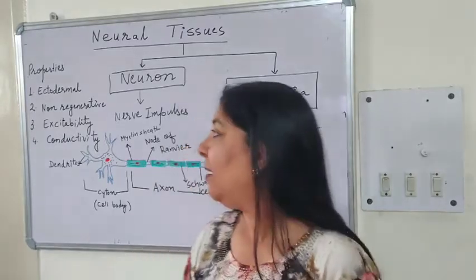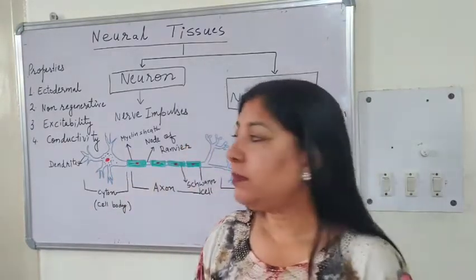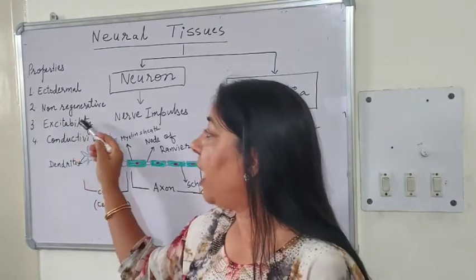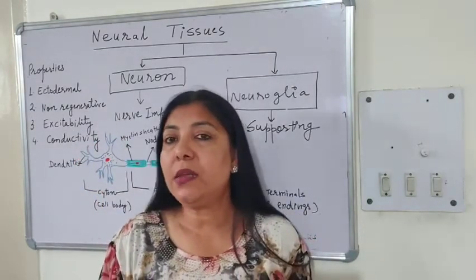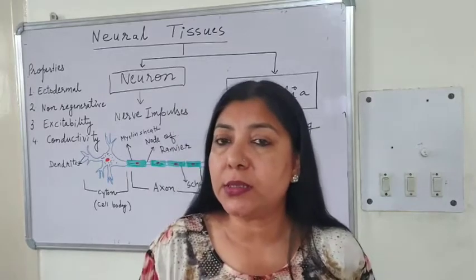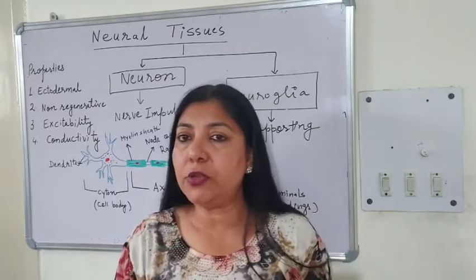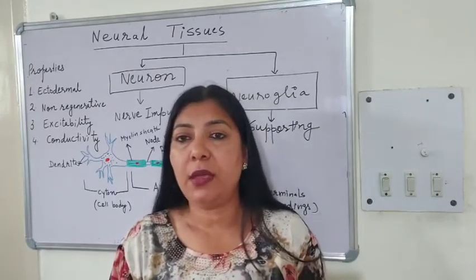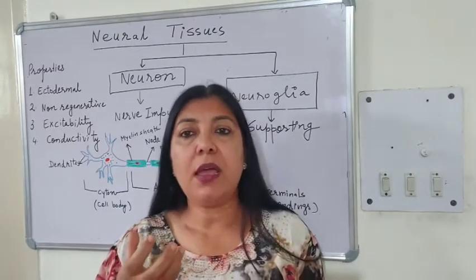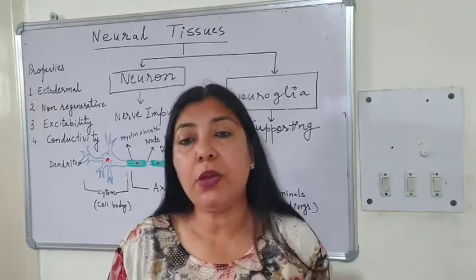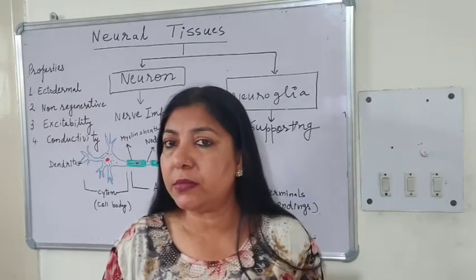Yes. Then next, they show excitability, which means they respond to a stimulus, and that stimulus should be a threshold stimulus, and that threshold stimulus generates impulses which we call nerve impulses.